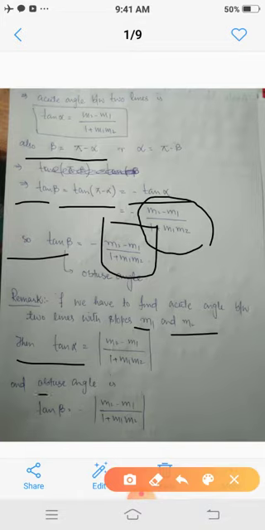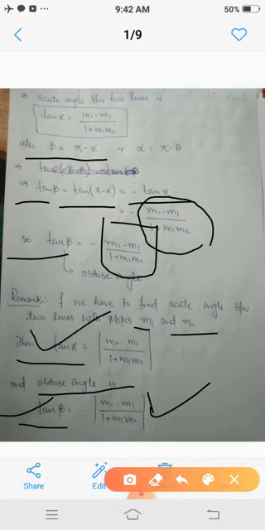While if we have to find the obtuse angle, which is beta, then tan of beta equals the negative of m2 minus m1 upon 1 plus m1 m2, because beta is obtuse, meaning in the second quadrant the value is negative, that is why we must take this value to be negative. So this is the obtuse angle, while this is the acute angle between the two lines whose slopes are m1 and m2.